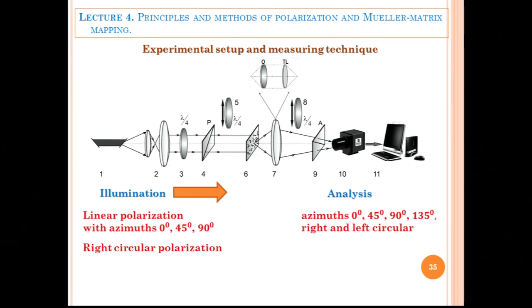The illumination conditions are linear polarization with azimuth 0, 45, and 90 degrees, and right circular polarization. Analysis is with respect to the azimuth of the analyzer: 0, 45, 90, and 135, or it can be minus 45, it's the same. And right and left circular using this plate here.